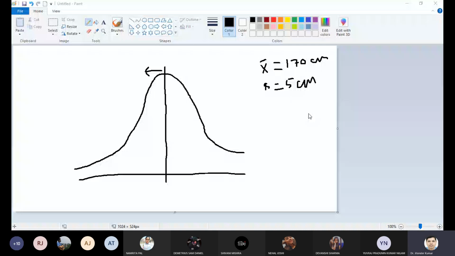Okay, and the other property for normal distribution is you only have one peak in your data. That means it is always unimodal. Okay, only one peak, only one mode, and all three measures of central tendency, mean, median, mode, are same.